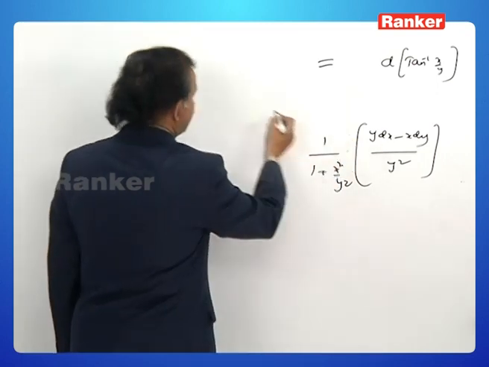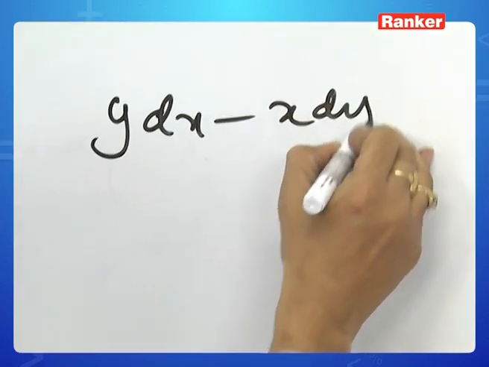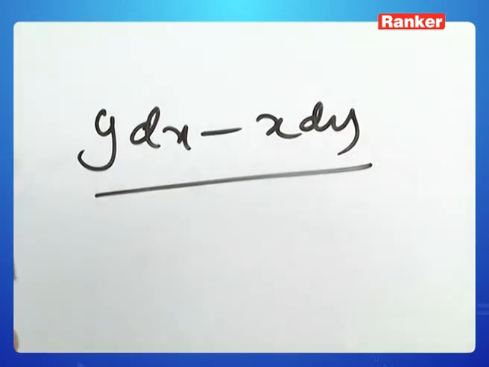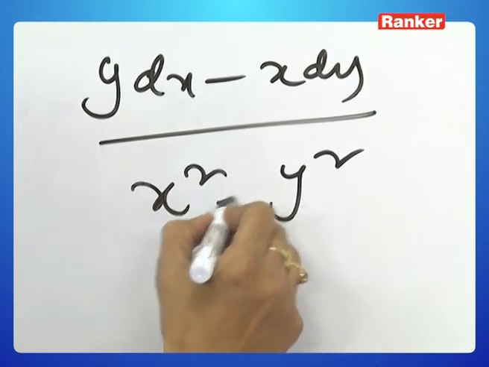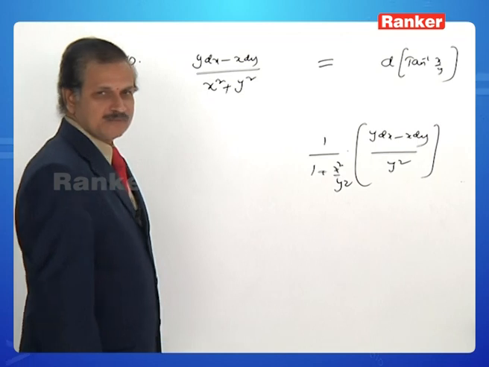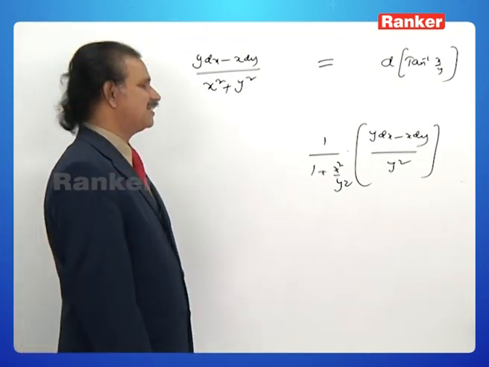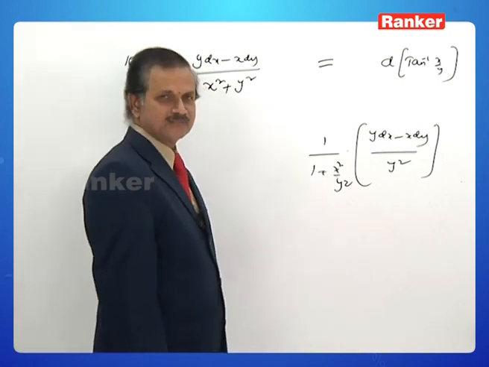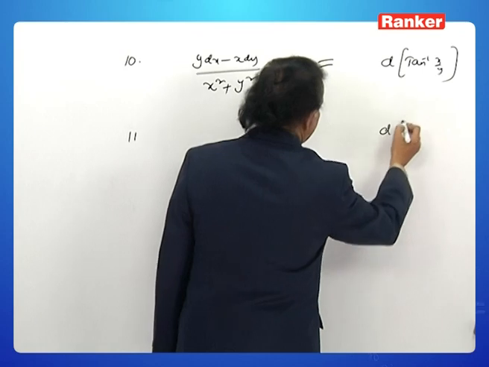Come on friend, what is the numerator? (y dx minus x dy) by y square into 1, y square into x square by y square, x square plus y square. How simple it is to remember. (y dx minus x dy) by (x square plus y square) is just nothing but d of tan inverse x by y. Well done. What can you imagine?